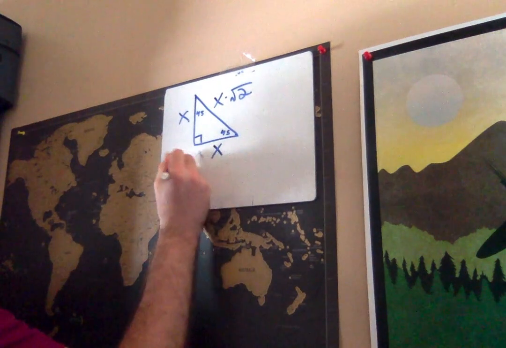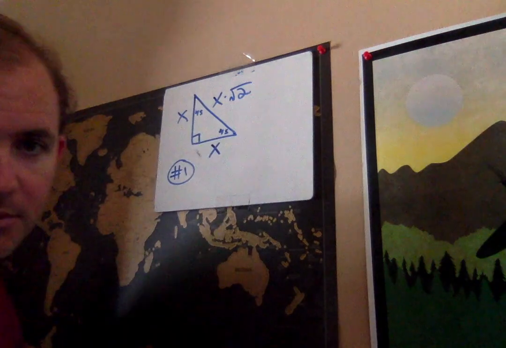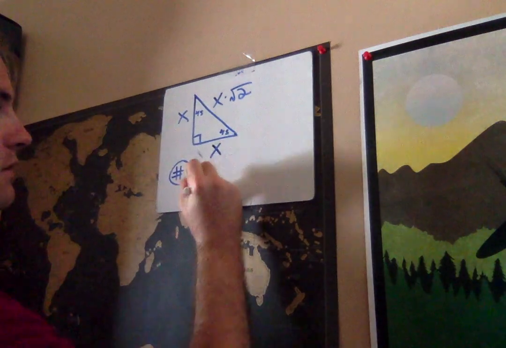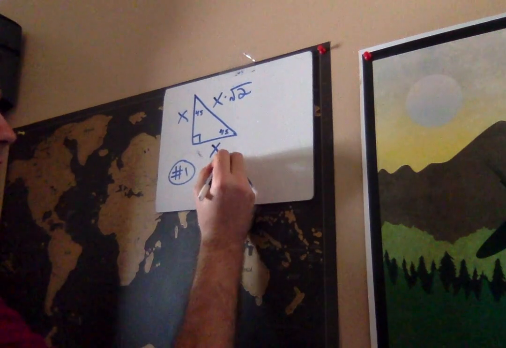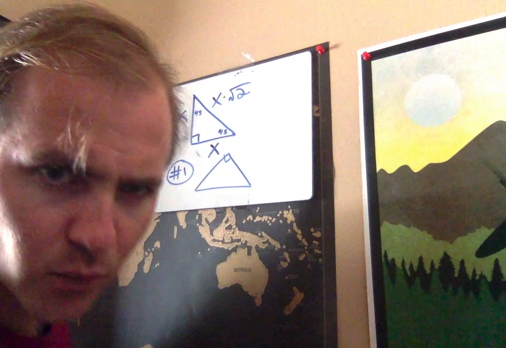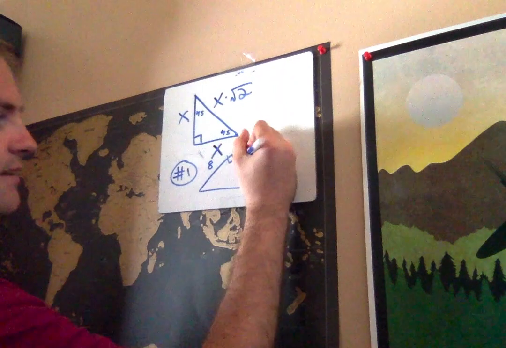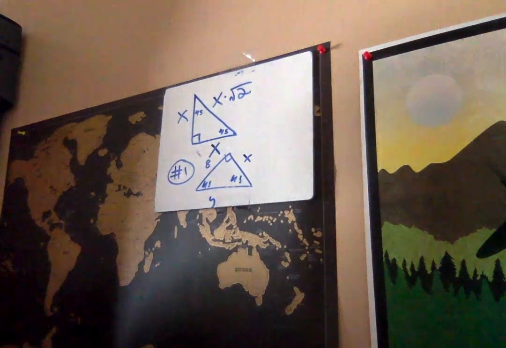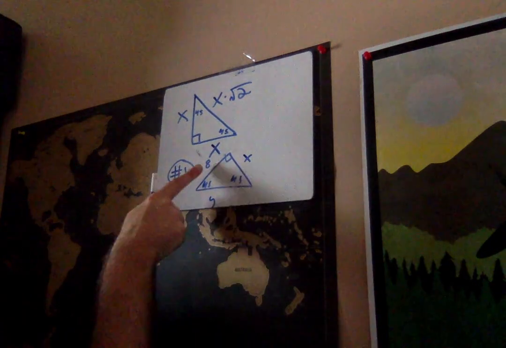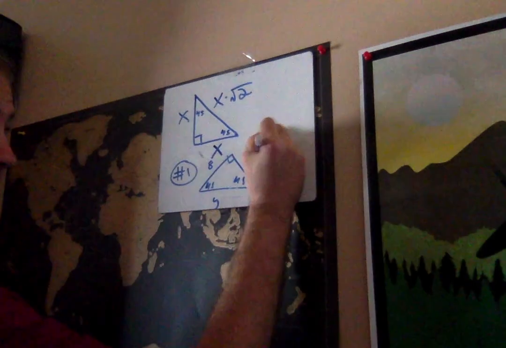So if we take a look at example number 1 on page 6, once again, page 6, question number 1. What they do is they give us one of the legs. They give us that this is 8, this is x, that's y. So all you have to do is realize, because it's 45-45-90, if this is 8, so is this.